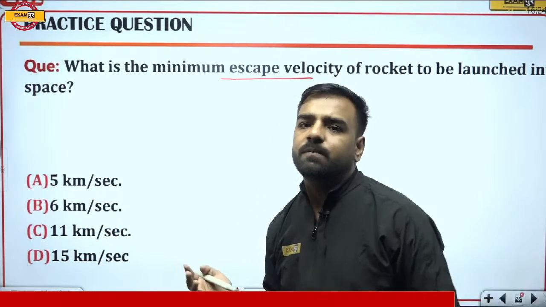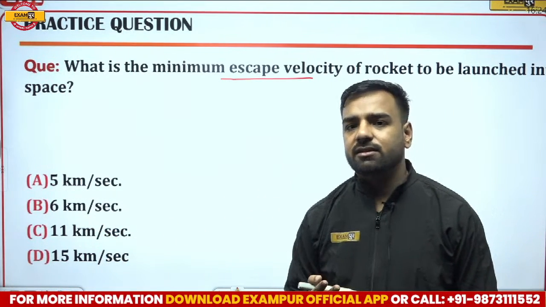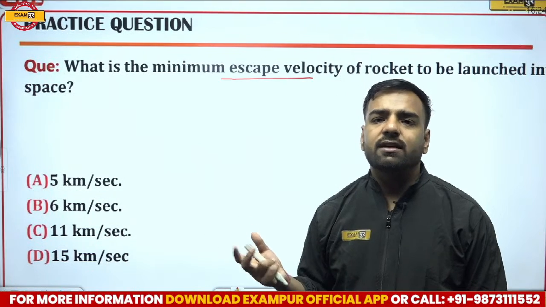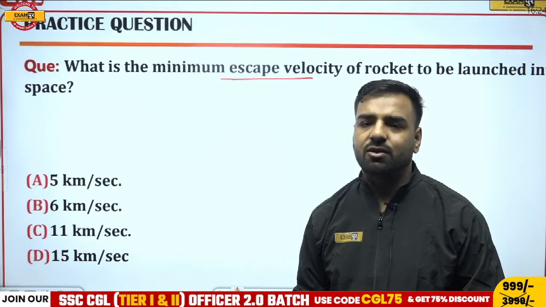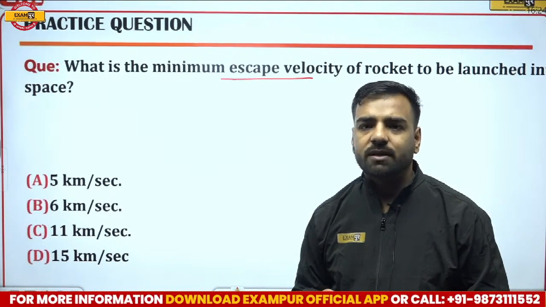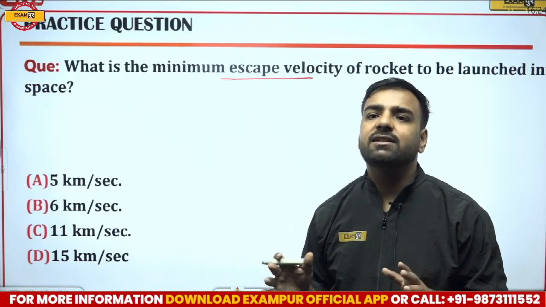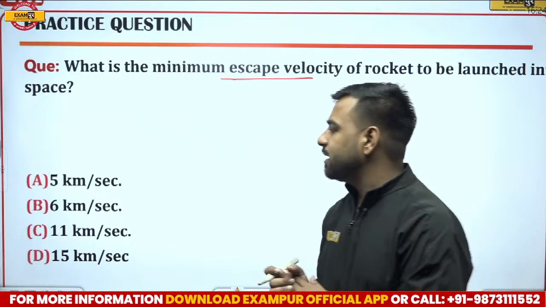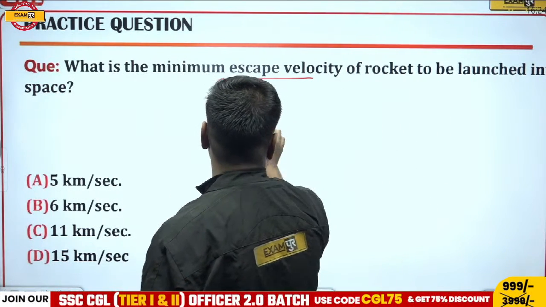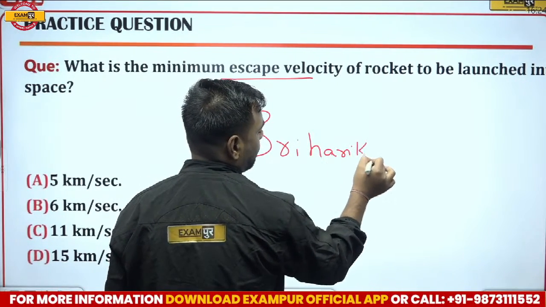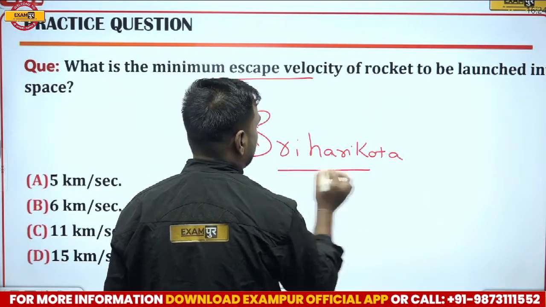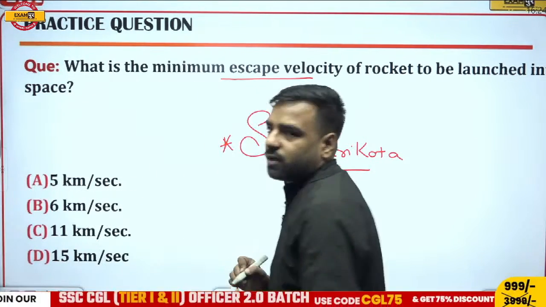If I talk about ISRO, the Indian Space Research Organization, when they launch a rocket, there are some fixed locations. It's not that we launch a rocket from Delhi or Agra. It's not possible, right? So first of all, the launching of the rockets is done from Sri Harikota. This is the location from which these rockets are launched.